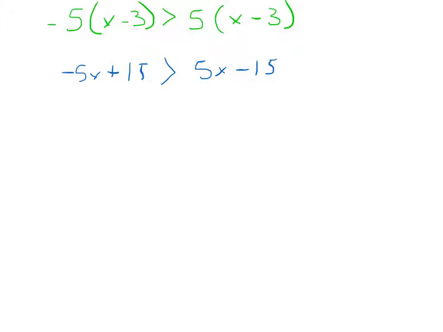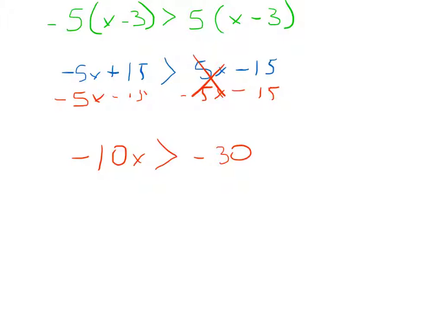And now I can start working with the inequalities here. The first thing that I want to do is, let's see if I can subtract 5x from this side. And why don't I minus 15 from over here. So now I'll have negative 10x is greater than negative 30.